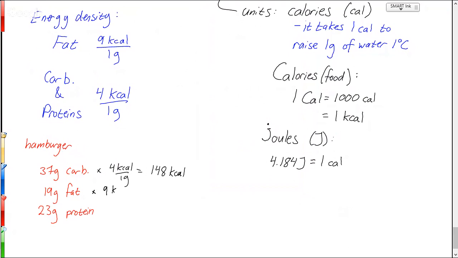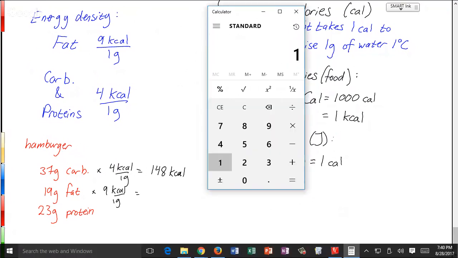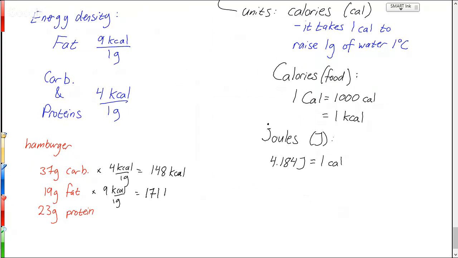The fat we're going to multiply by 9 kcals per gram. That's 171. And the protein we're also going to do by 4.